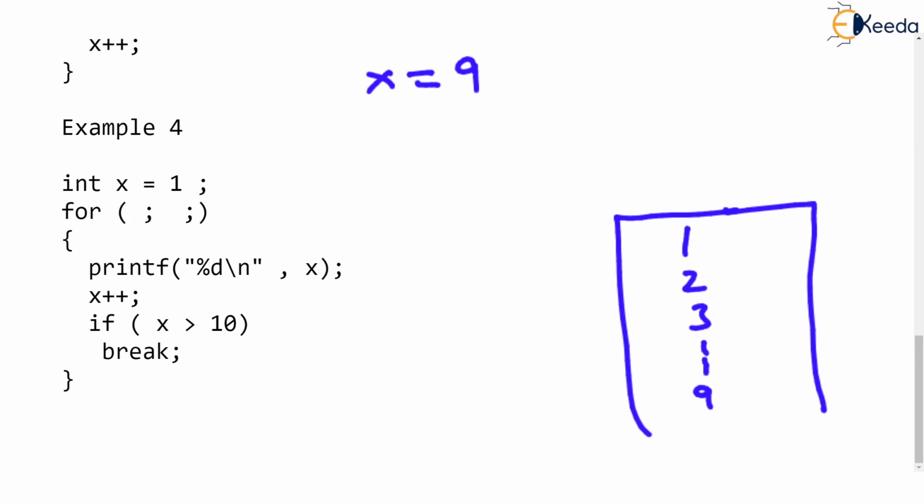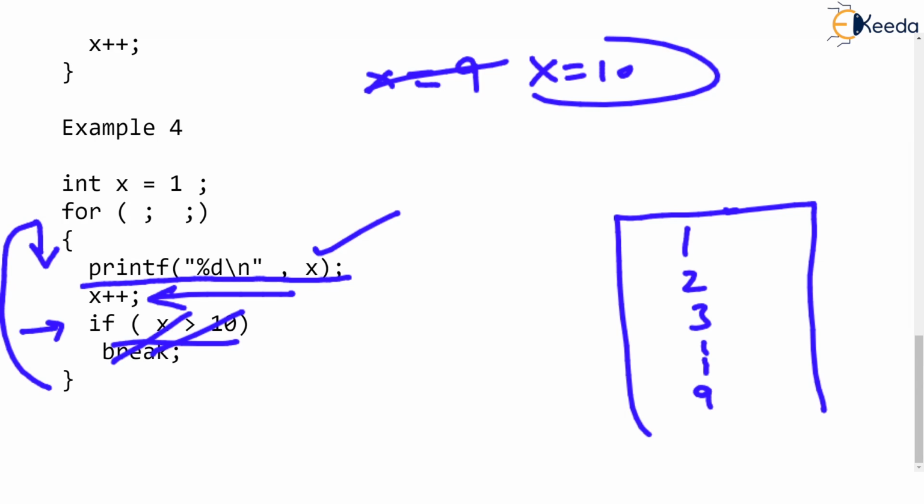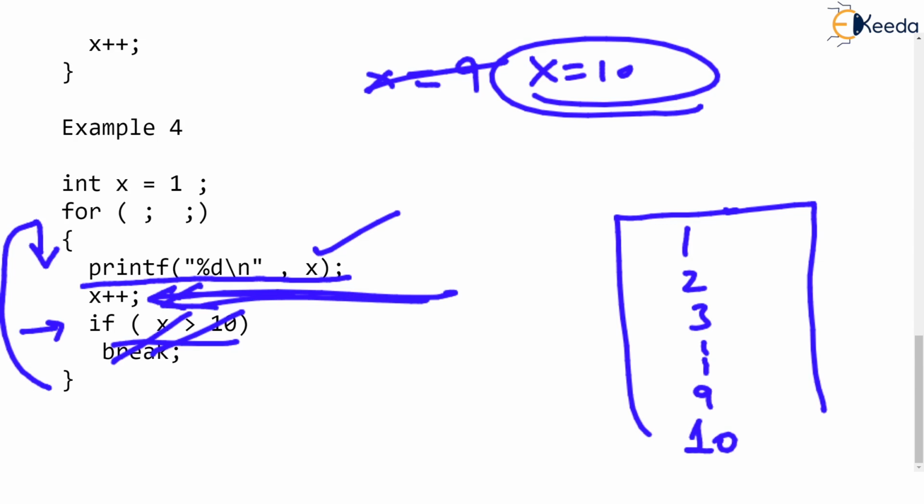Let's see what happens after printing 9. x plus plus will make x as 10. Agreed? Now it checks, is 10 greater than 10? That's also false. So break will not occur and we will go back to for. Fine. Now it is printing x, but x is now 10. So 10 will get printed and then the statement x plus plus will make x as 11.